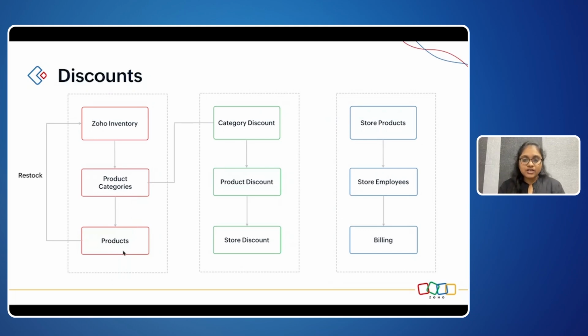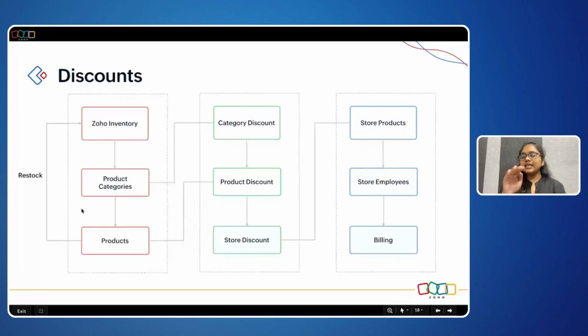And the second type of discount is going to be product discount, the actual product discount. It will be added into the products module, the main product module, as well as the store product module. So all these calculations will be running in my application. And at last is going to be the store discount. As the name says, it's specific to each and every store. This store discount will not affect the main inventory at all.